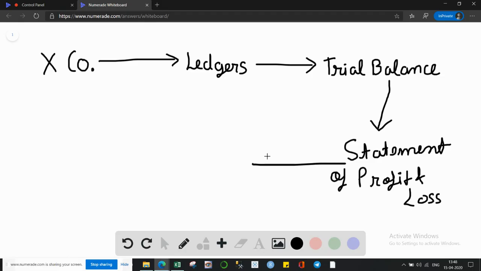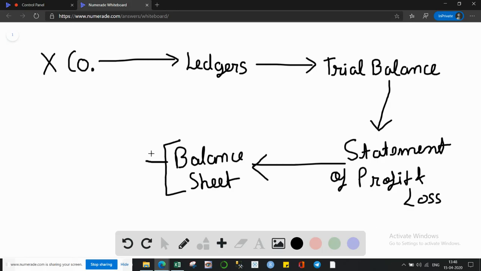And lastly, balance sheet. It provides an accurate view of the entity's financial position in terms of cash flow, accruals, and much more.